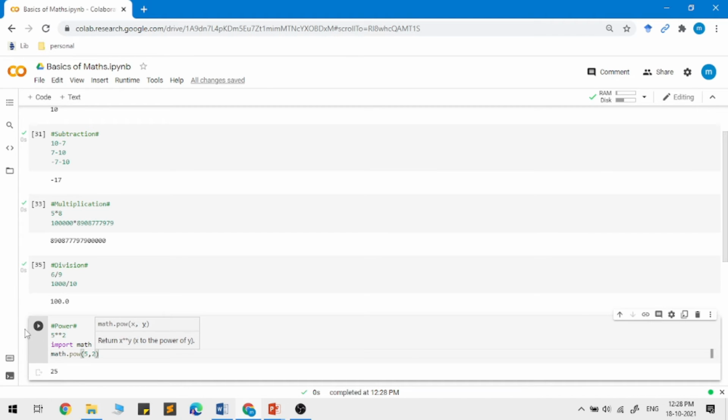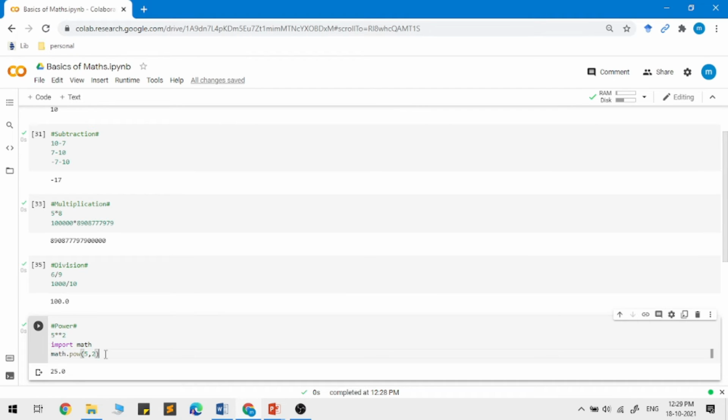It will give you 25, the same value. But here we are using the math function instead of the double star. This math library has stored some basic operations of mathematics. So when you call math dot pow, it calls the power function, automatically uses the power operation and gives you the solution.